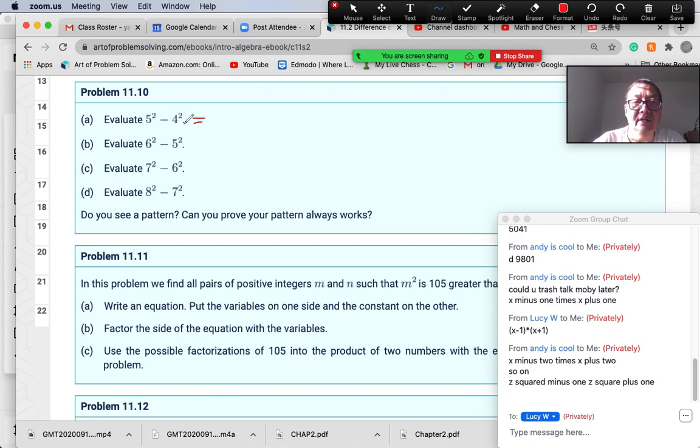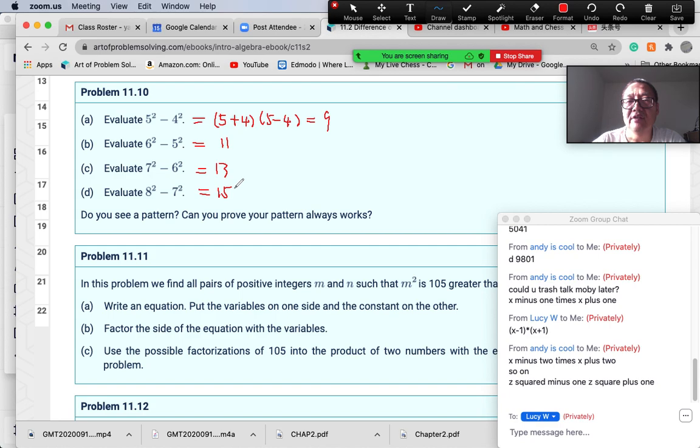You can get 9. But if you understand, you can write this one as (5 plus 4) times (5 minus 4). So you get this one equals 9. Right? And this one, you will know equals 11. Then this one equals 13. Then this one equals 15.